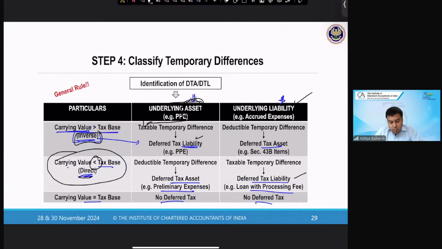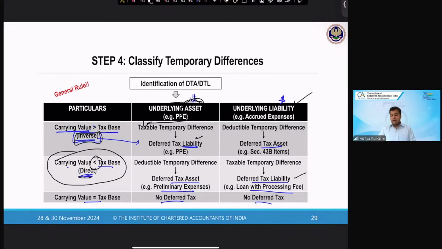But you need to brush up your computations for the liabilities. Because what happens is, we haven't been exposed to this form of deferred tax calculations earlier. And therefore, it becomes incumbent upon us to practice more and more case studies of liabilities.